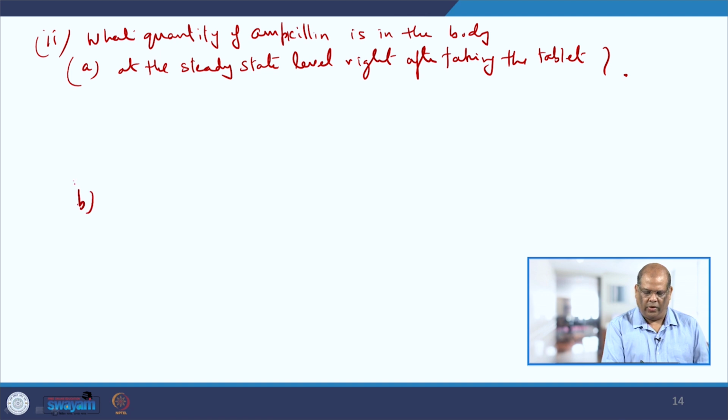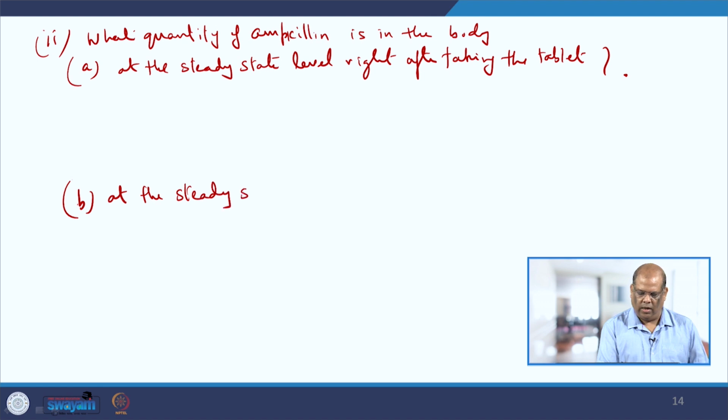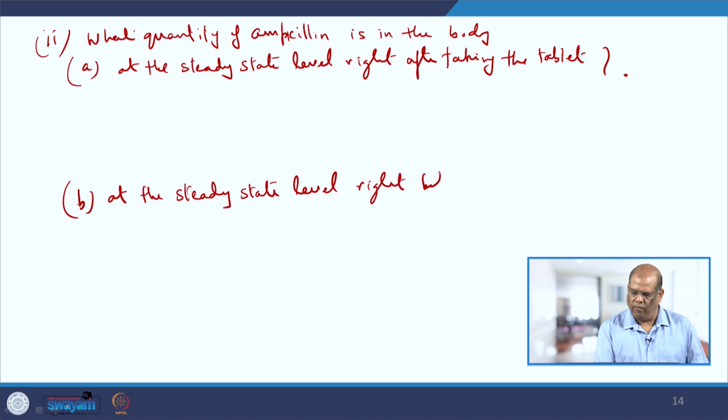And the second question is, at the steady state level right before taking the tablet?